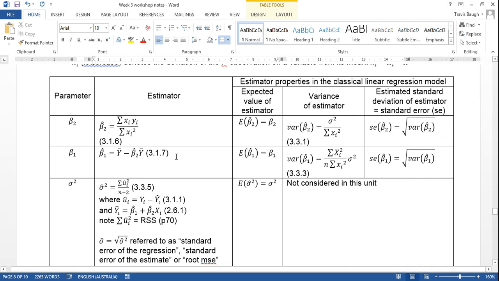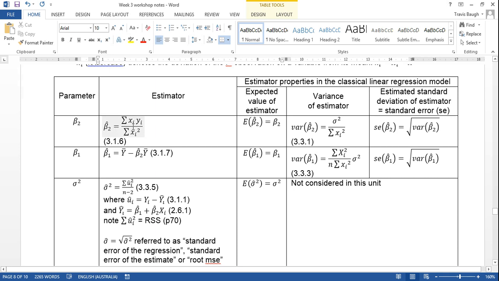And it turns out that there's an estimation method called least squares, which has desirable properties when that set of assumptions that we just saw hold. This estimation method has a particular statistical formula that is applied to data to work out an estimate for the B2 parameter, and also another statistical formula that can be applied to work out an estimate for the B1 parameter.